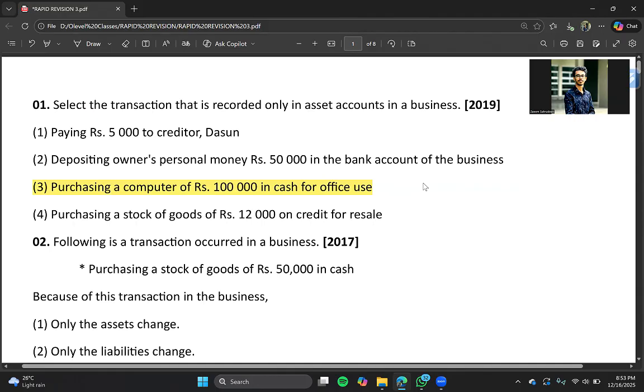Why? When it comes to the accounting equation, asset equals equity plus liability.